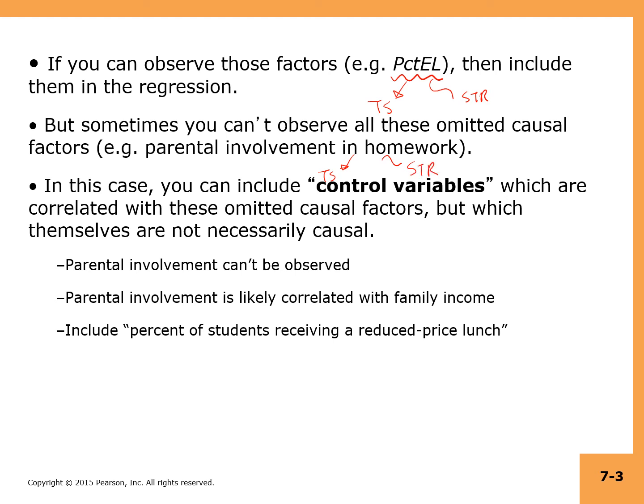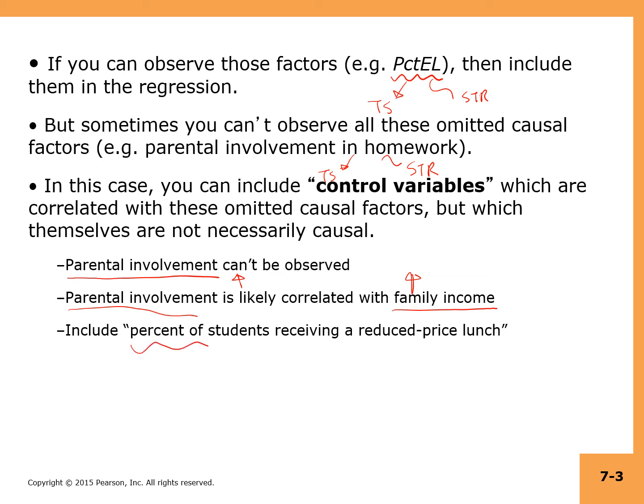However, the problem is that you cannot directly observe how much parents are involved in children's schoolwork. But we also know that this parental involvement is probably correlated with family income. The assumption is that parents who have higher income are also more likely to be involved in children's schoolwork.